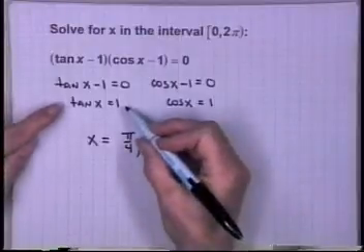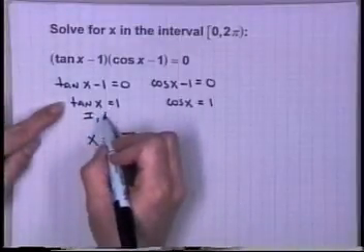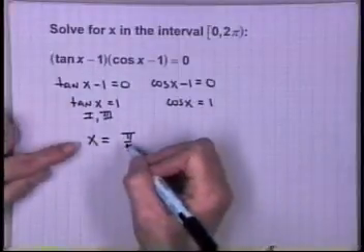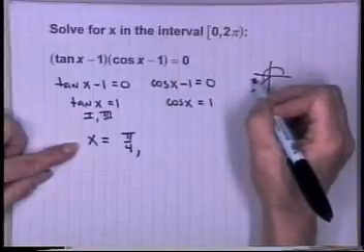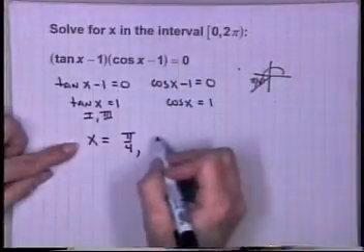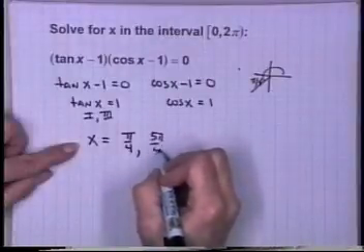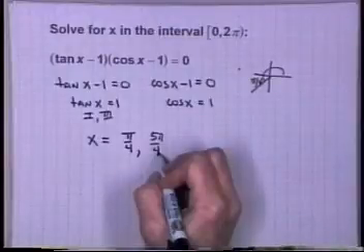Now, tangent's positive in quadrants what? 1 and 3. So if we use pi over 4 as a reference over here in quadrant 3, pi would be 4 pi over 4 plus 1 more would give us 5 pi over 4. So we have the two solutions there from tangent x equals 1.